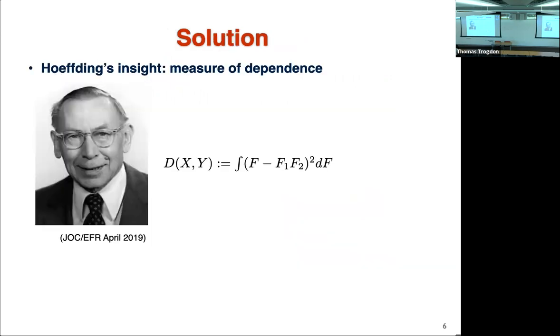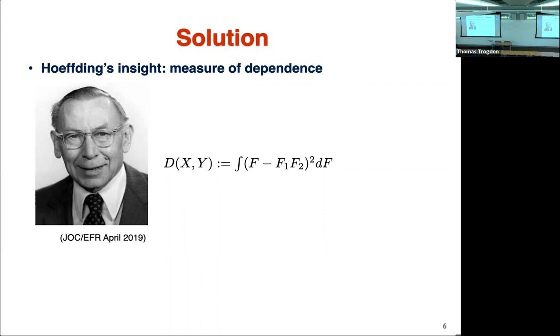So in history, what is the first one that gives us a satisfactory answer for a dependence measure that is zero if and only if independence? It's by Wassily Hoeffding. He gives a definition of the population dependence measure in this very simple form.